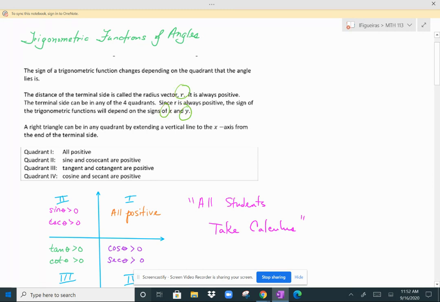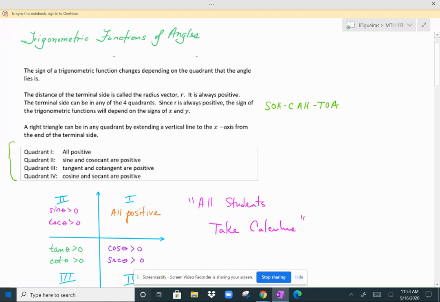It's a ratio of either x over r or y over x. It depends on the trig function. So again, remembering that quick little acronym, SOHCAHTOA, helps us to remember what those relationships are in terms of whether we're using x, y, or r.